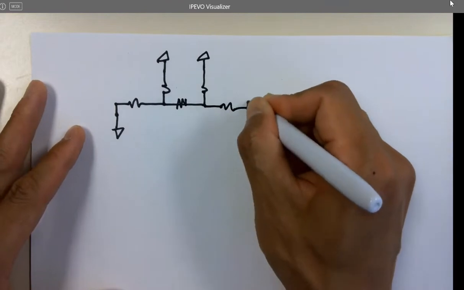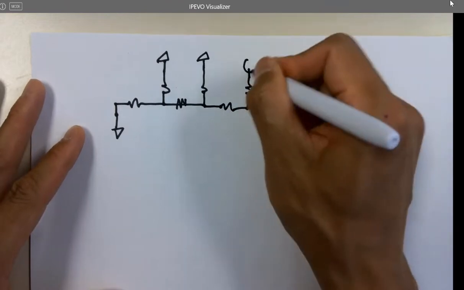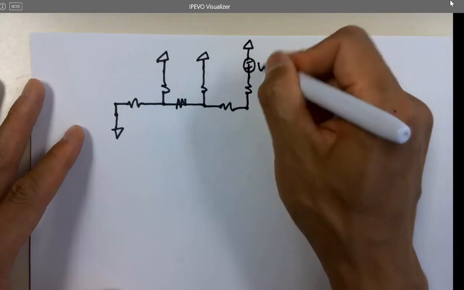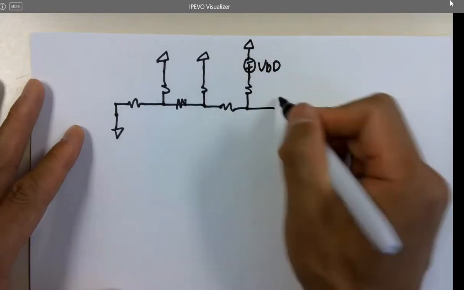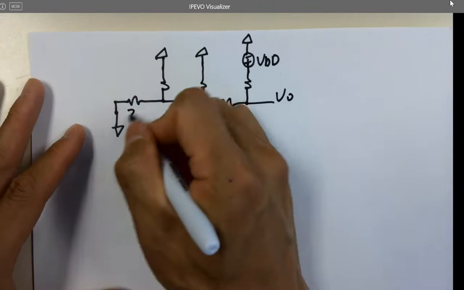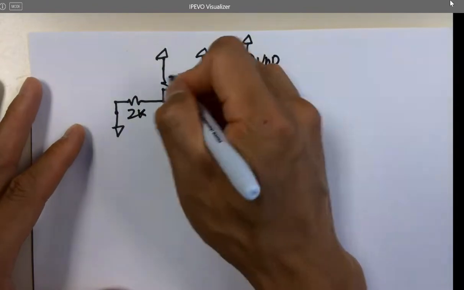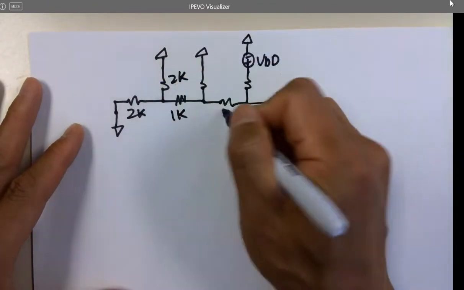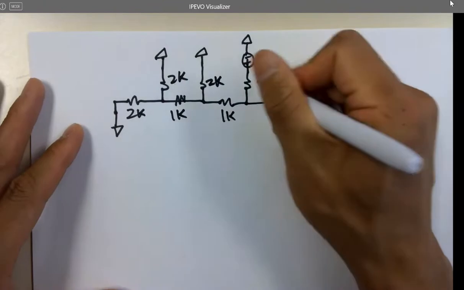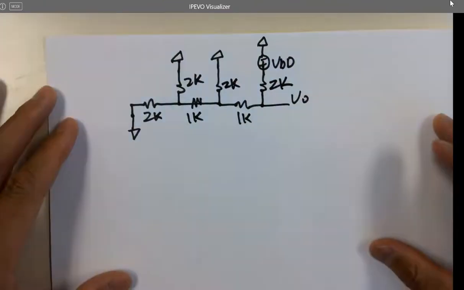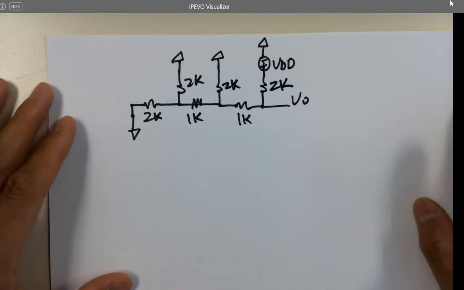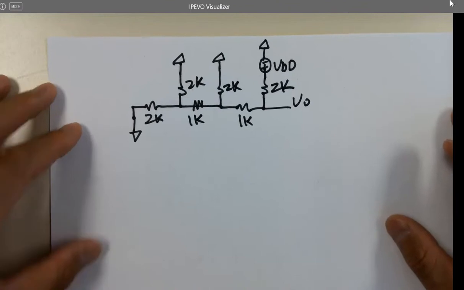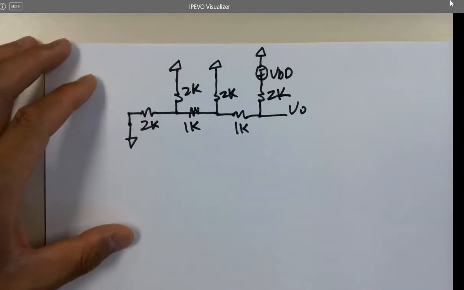This is the only voltage that is on. V out, that's 2K, 2K, 1K, 1K, 2K, 2K. Now how do you deal with it? How to do that?